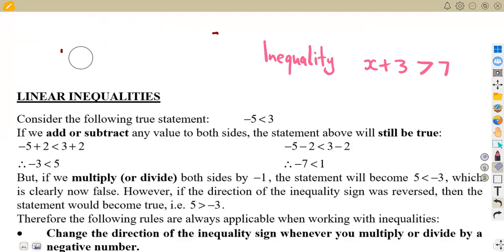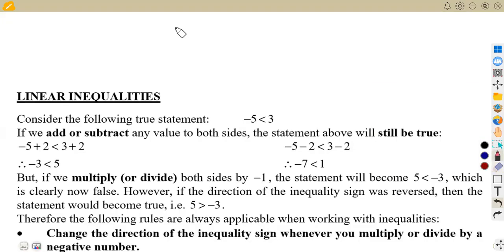In a normal sense, we cannot say this one is a greater than sign, this one is a less than sign. Okay, let me explain this way. I want to compare two sides, the left-hand side and the right-hand side. The same sign that we have here, we refer to as a greater than sign. But like I said, it depends on which side you are referring from, okay?